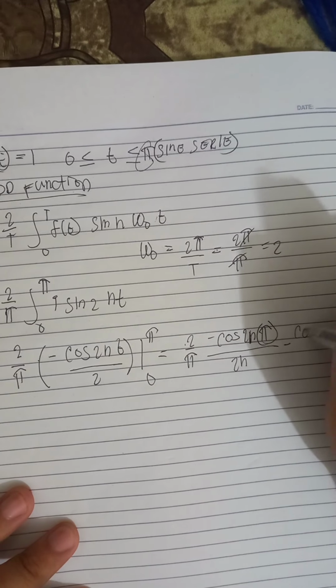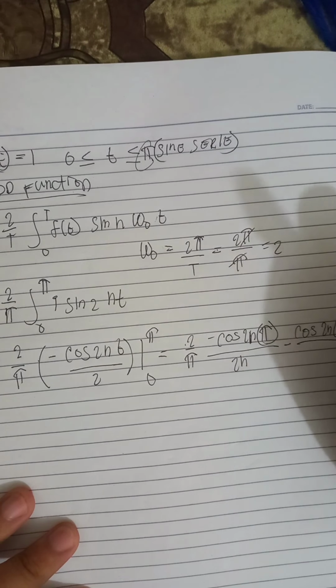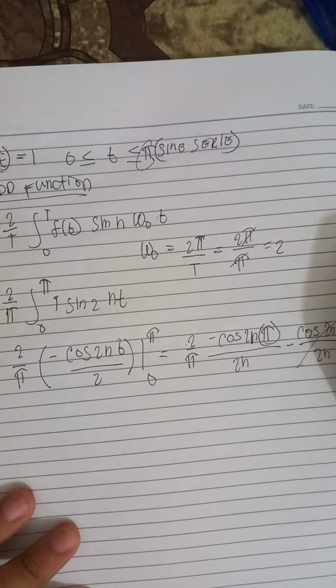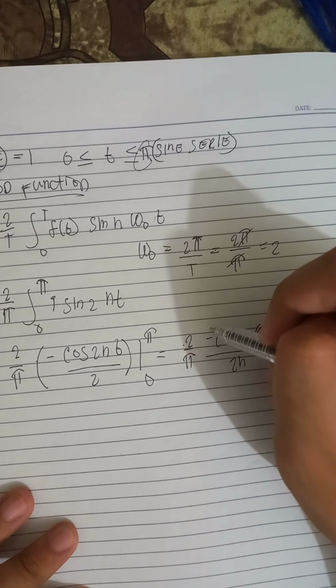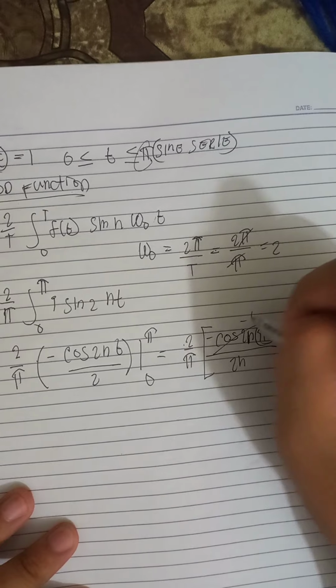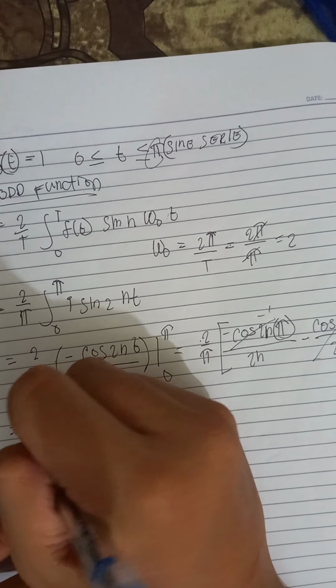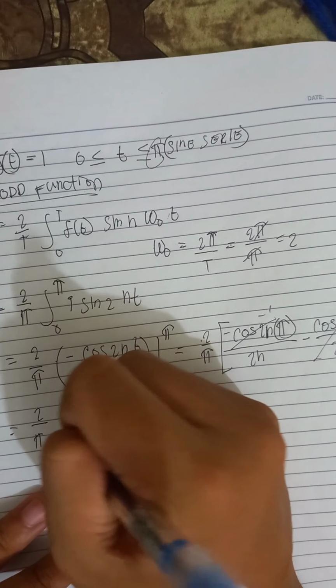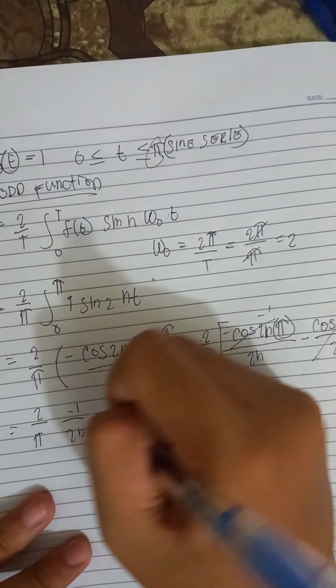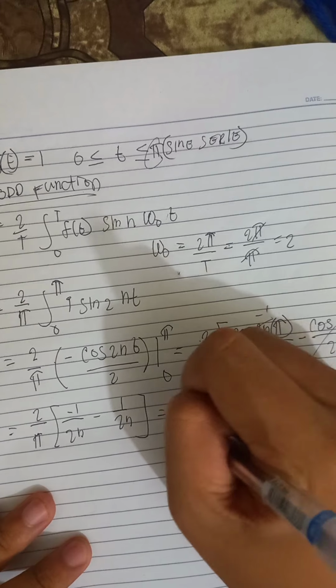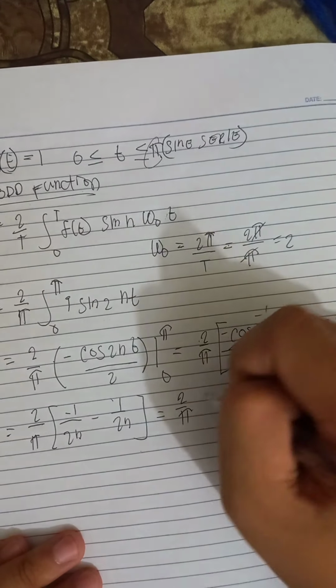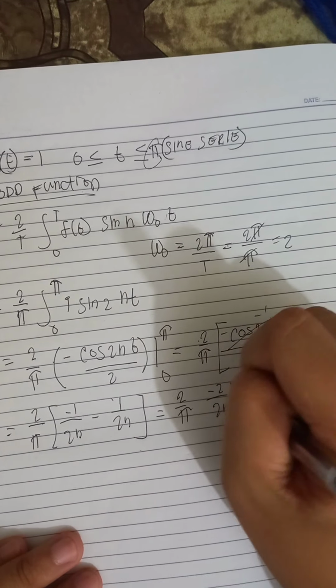to the limit of 0 to π, which is equal to 2/π times negative cos(2nt) over 2n, minus cos(2n·0) over 2n. The value of cos(2nπ) is negative 1, and the value of cos 0 is 1.